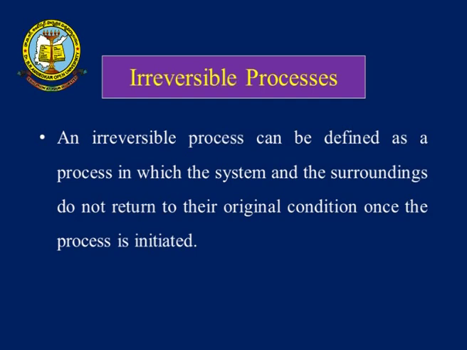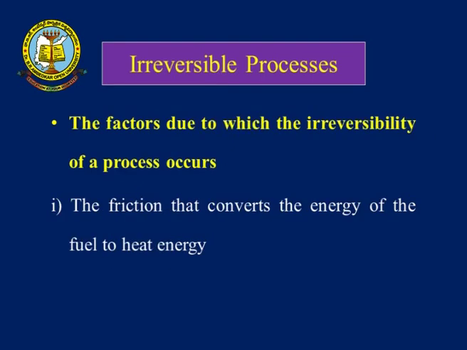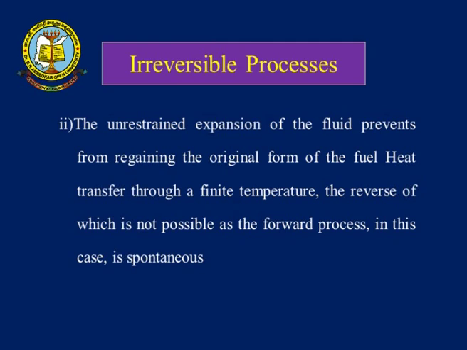The factors due to which irreversibility of a process occurs: first is friction, which converts the energy of the fuel to heat energy. The second factor is unrestrained expansion of the fluid, which prevents regaining the original form of the fuel. Another is heat transfer through a finite temperature difference, the reverse of which is not possible as the forward process is spontaneous.